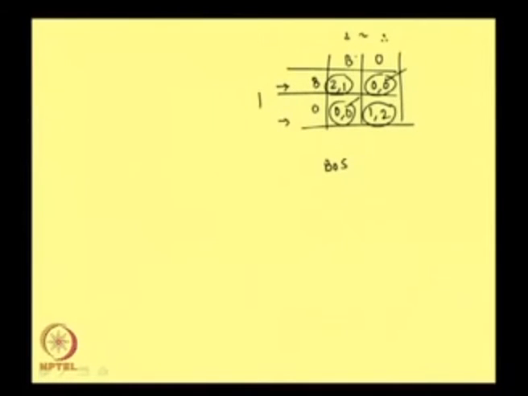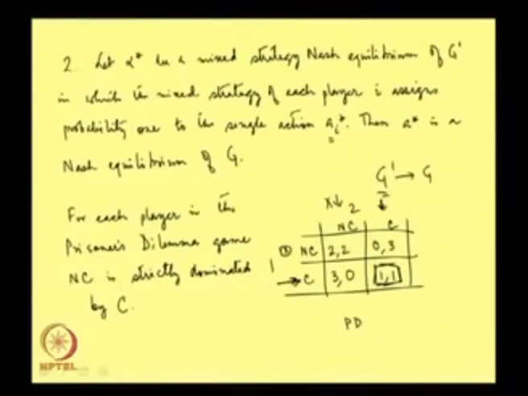And this idea of deletion of actions which are strictly dominated can be taken one step further. Let us take the previous case, this is strictly dominated, so I am not going to play this.